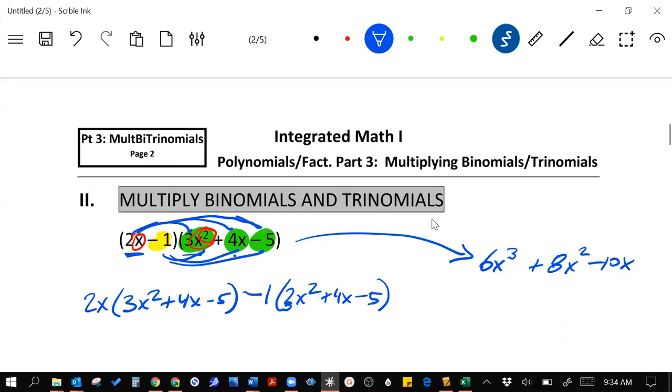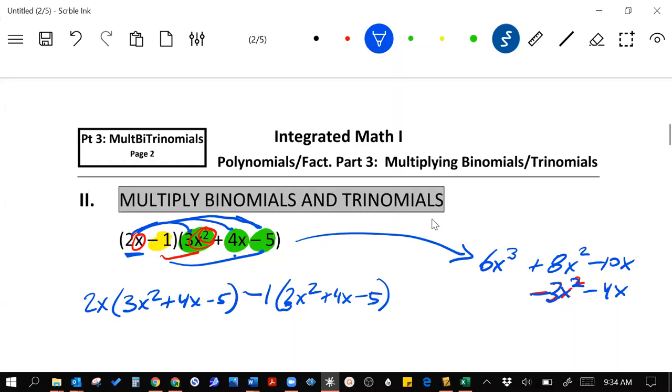And then the next one I'm going to do, I'll use the red one for that, is negative 1 times that. And I'm going to put that underneath it. Negative 1 times 3 is negative 3x squared. And actually for that, I'll go back to blue. And then the next one is negative 1 times 4x is negative 4x.